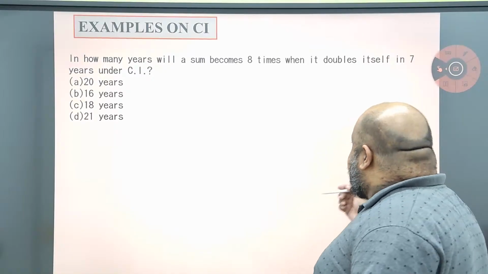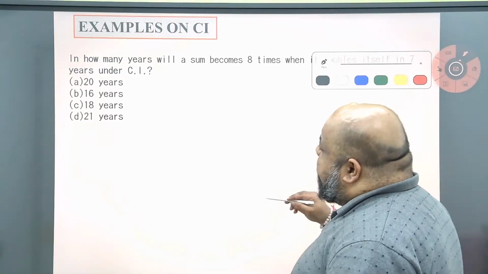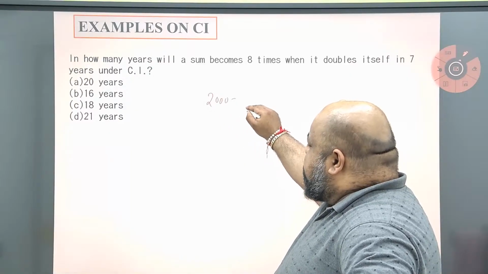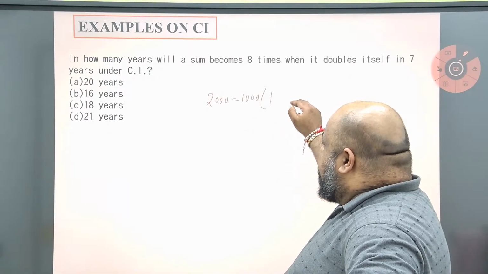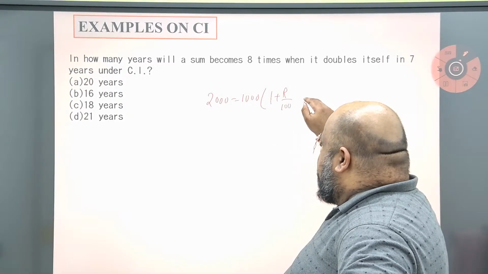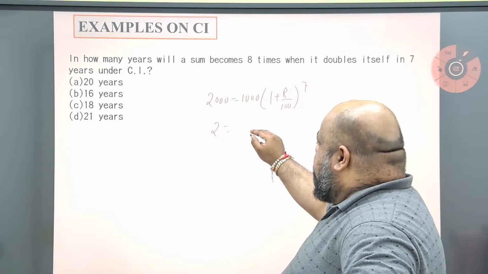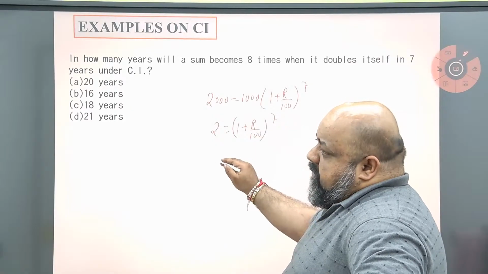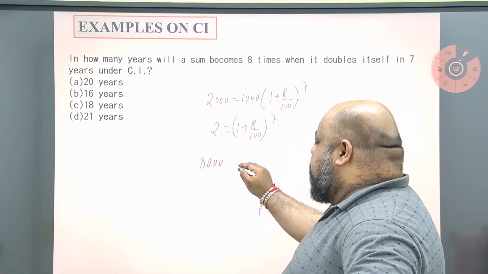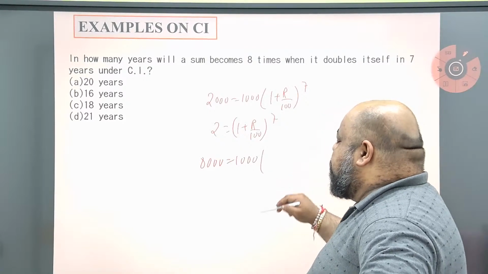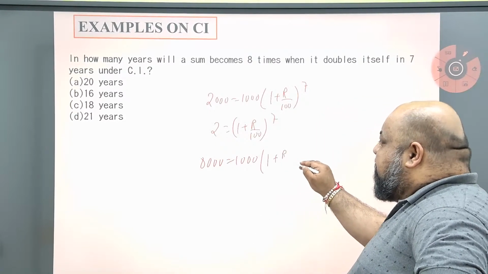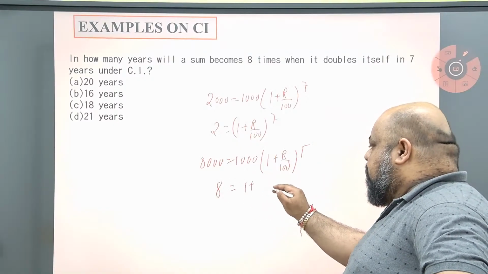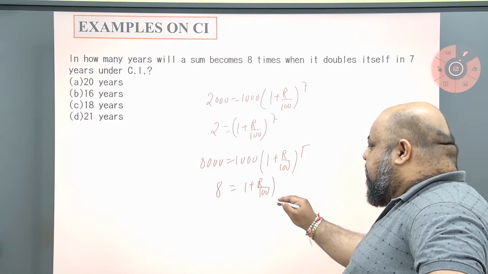Again, if I am trying to solve this and I try to write the formula, I will say 2000 amount is equal to 1000 principal into (1 plus r upon 100) raised to power 7, which gives me the value of (1 plus r upon 100) raised to power 7 as 2. We need an amount of 8000 from a principal of 1000, and we have to find the time at the same rate. So 8 is equal to (1 plus r upon 100) raised to power t.